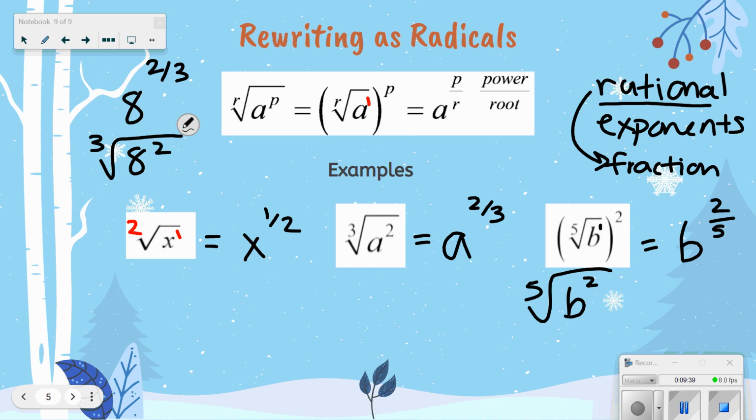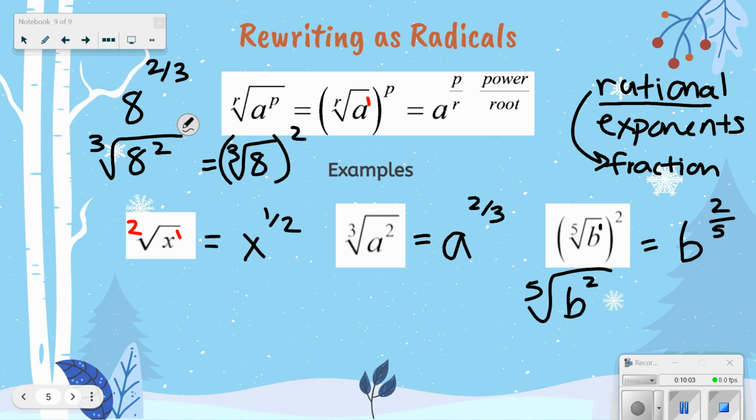So if I have the cube root of 8 squared, we said, okay, let's do 8 squared and then cube root it. But if that's going to give me a crazy large number that I don't know and that I have to take the cube root of, something else you could do instead would be to do the cube root of just 8 and then square all of that.